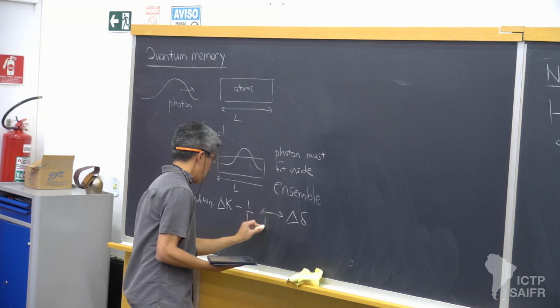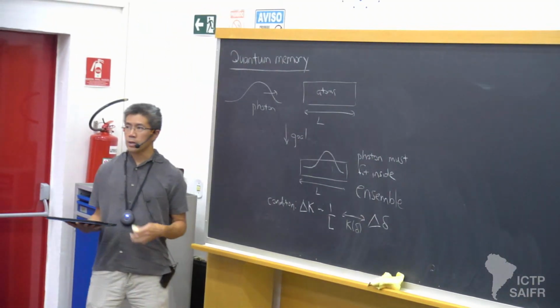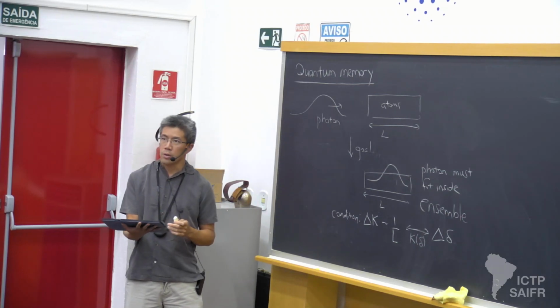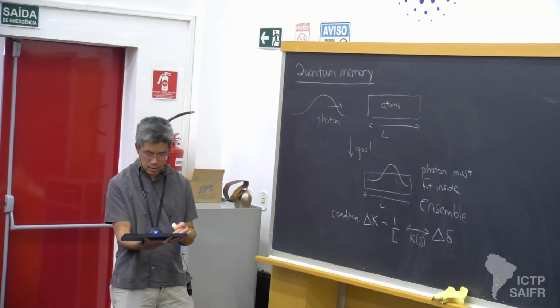So using the fact that there's a well-defined relationship between k and frequency, now I can figure out the frequency bandwidth of that pulse, in order that it fits inside.